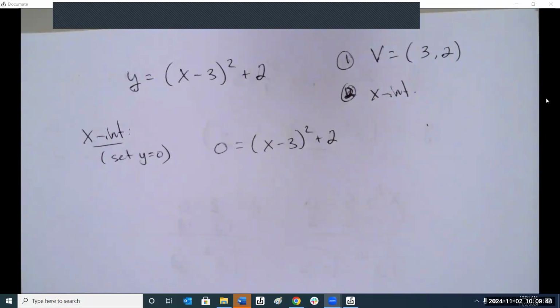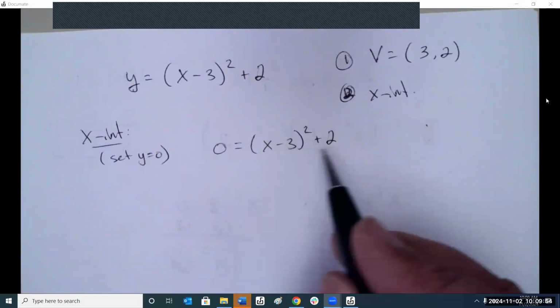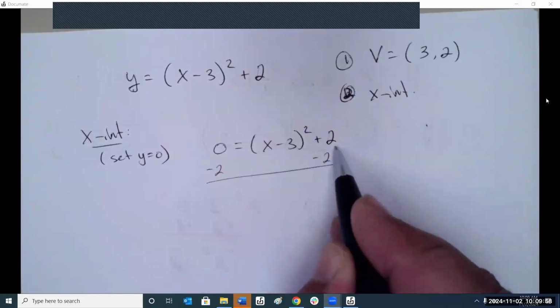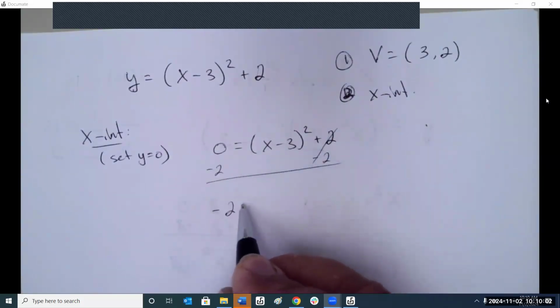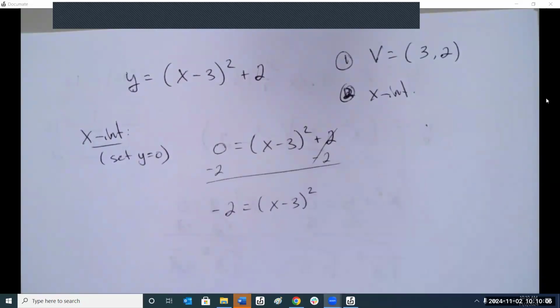So how do we solve this one? Solving for x. Get rid of the 2 first. Subtract 2 from both sides. So we have -2 equals x minus 3 squared.